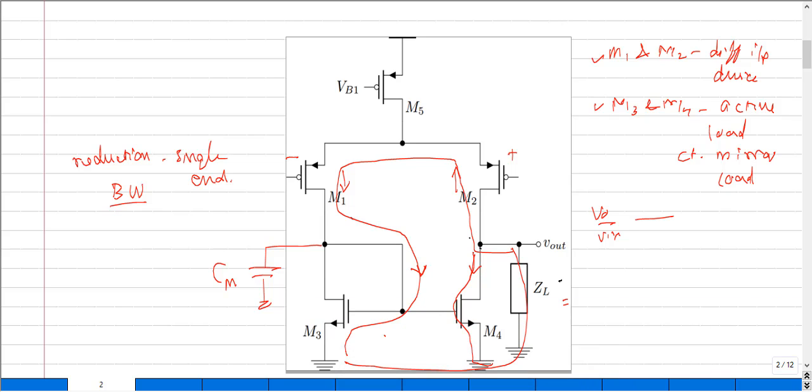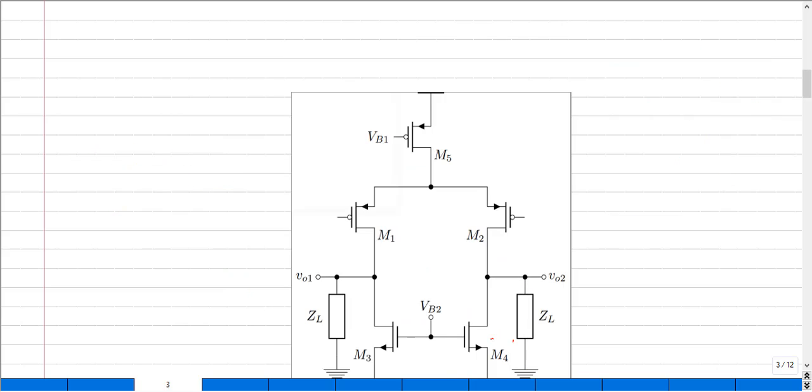Now let me have the same kind of discussion over a fully differential op-amp circuit. This is the circuit we have, and clearly the outputs are taken differentially across VO1 and VO2. Now when we apply a differential input across the gates of M1 and M2, the current starts from this output node and flows like this. Since the current through M1 will be in opposite phase, it comes out like this and then reaches back.